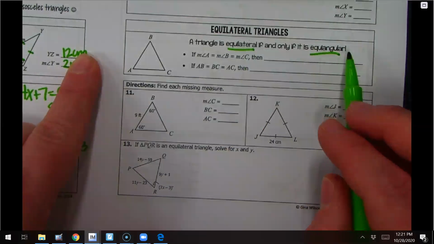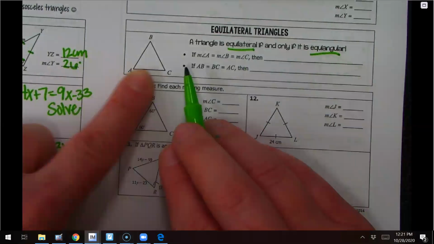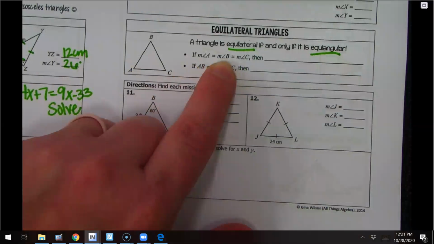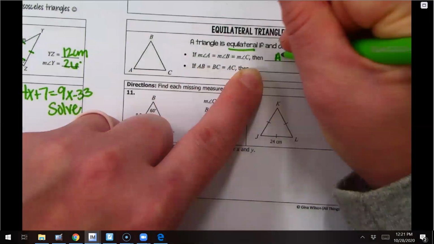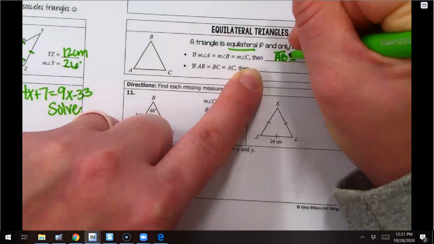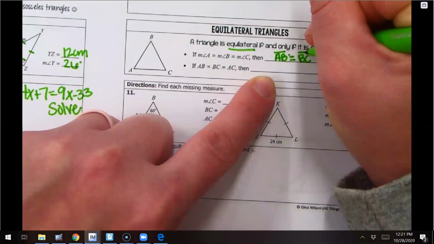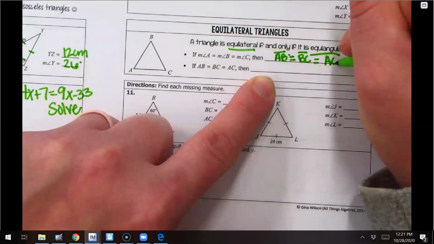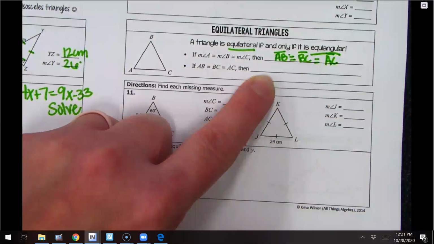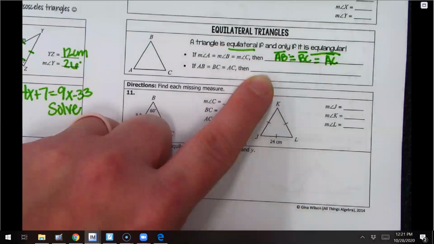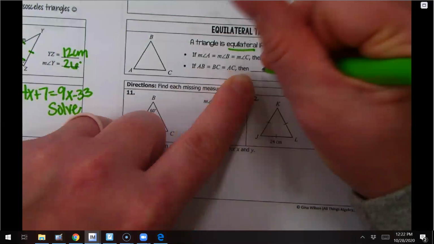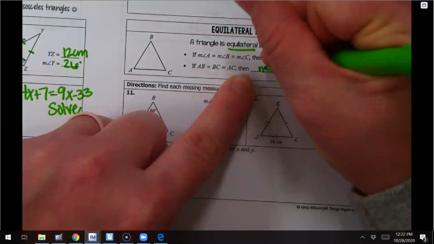If the measure of angle A is equal to the measure of B, which is equal to the measure of C, then side AB is equal to BC, which is equal to AC. And vice versa, if all of the sides are equal, then all of the angles are equal.